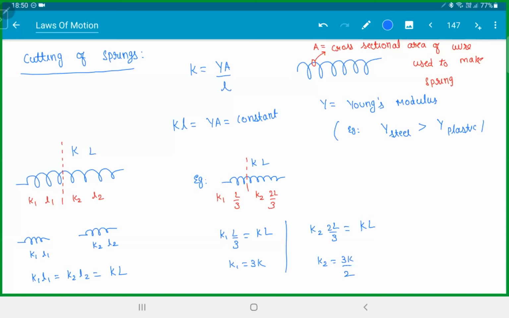Have a look at this. If you make the wire thick, A will increase, therefore K will increase. If you use a stronger material, instead of a plastic spring, if you use a copper spring, it is stronger. More than copper, a steel spring is even stronger. So that depends on the material. We are not interested in Y and A right now, but that L is important, K into L. If you cut a spring, what happens?